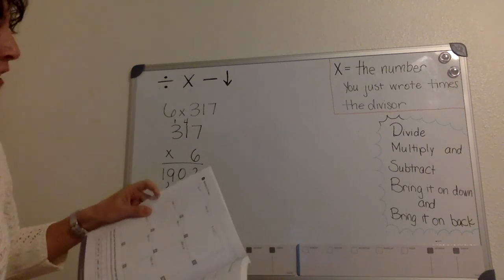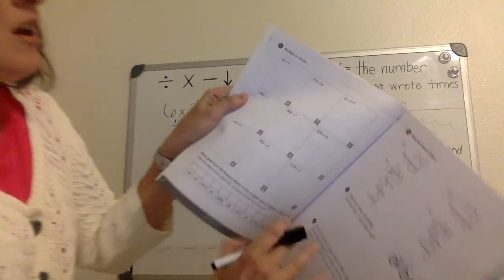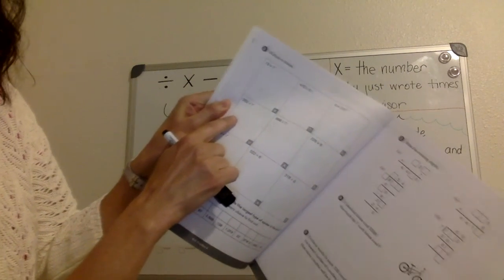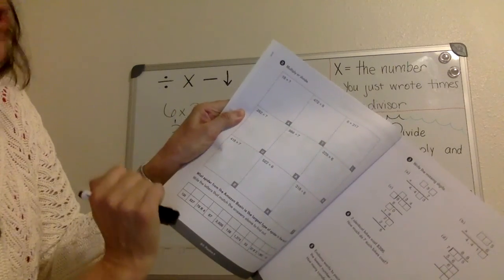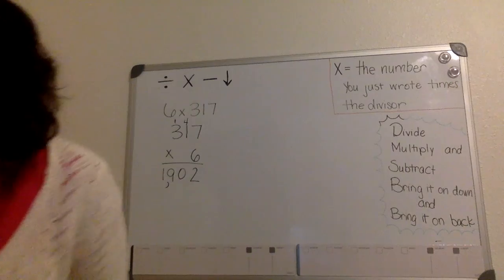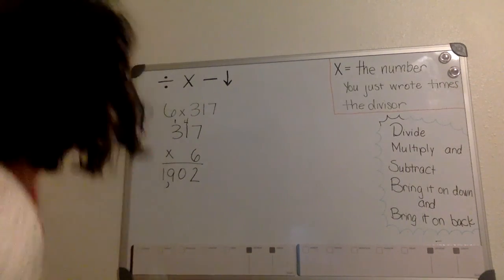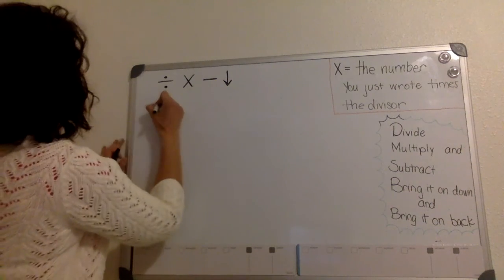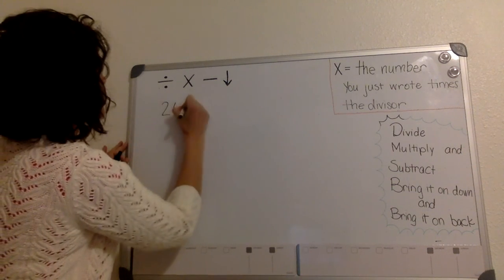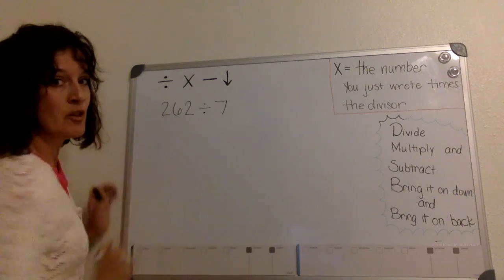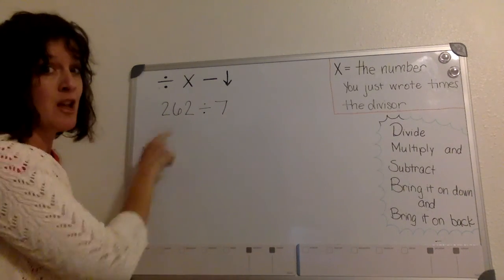Back to page 14. All right. How about we do this one right here, which is 262 divided by 7. Okay, let's do it. 262 divided by 7. Not a good way for us to do long division.